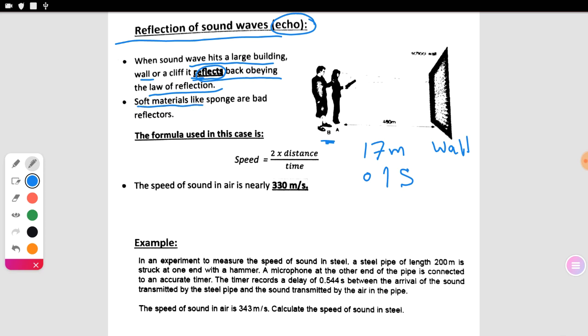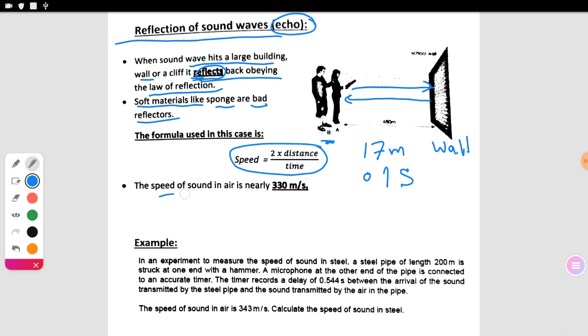Soft materials like sponge are bad reflectors because they have irregular shapes with different angles. Sound is reflected at different angles, not equal angles according to the law of reflection. The formula used in this case to determine the speed is 2 times distance over time taken, because the sound goes and comes back, reflected.